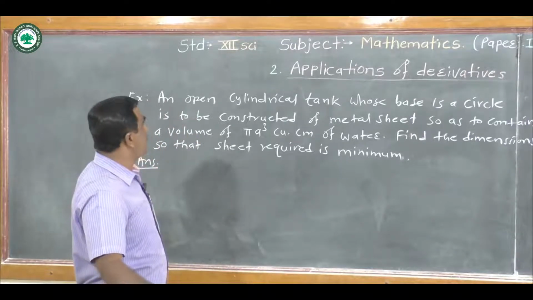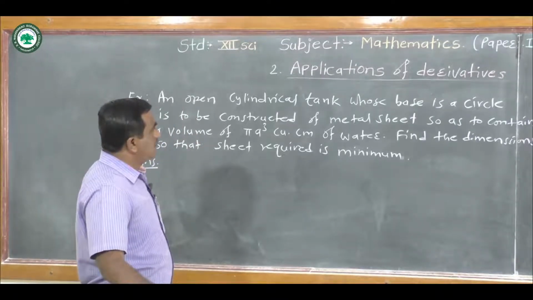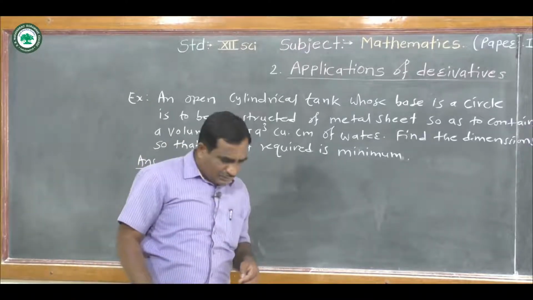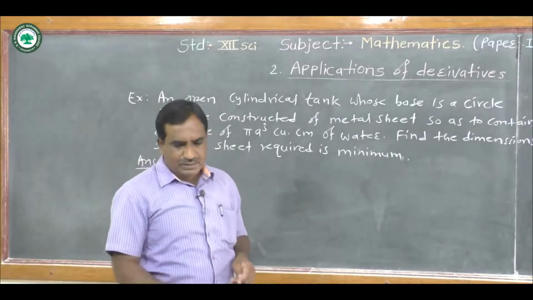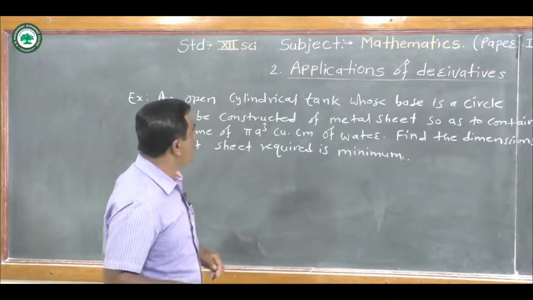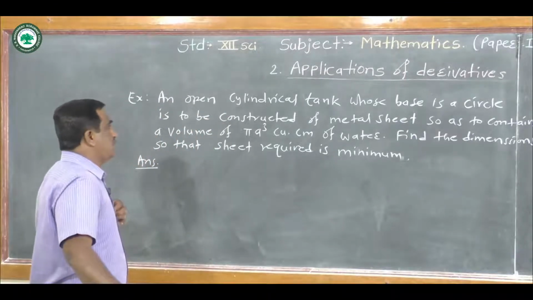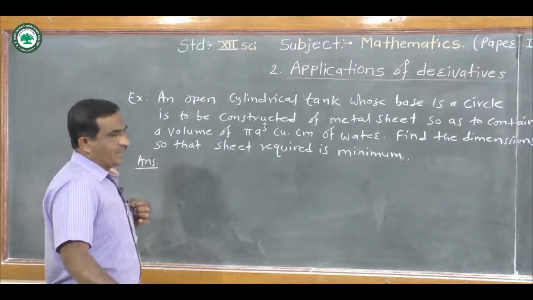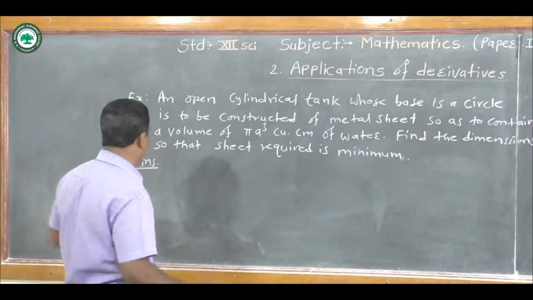Now we are given here a cylindrical tank whose base is a circle. Now we consider the radius of the base and height of the cylinder, then volume of the cylinder and surface area of the cylinder. Now give names here.